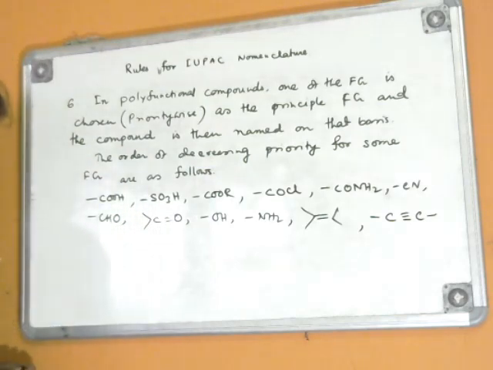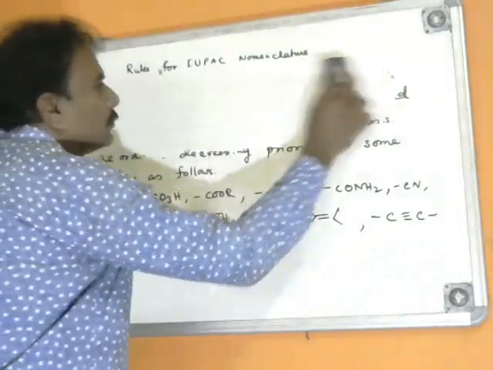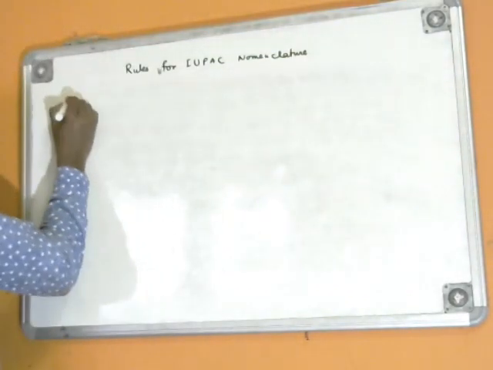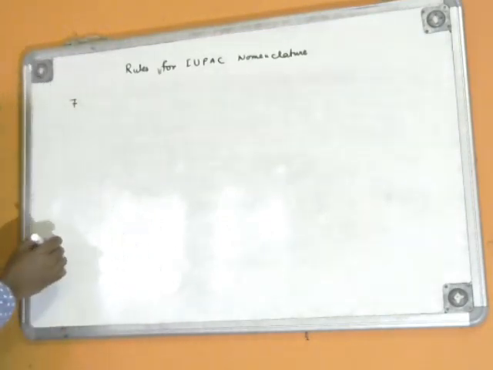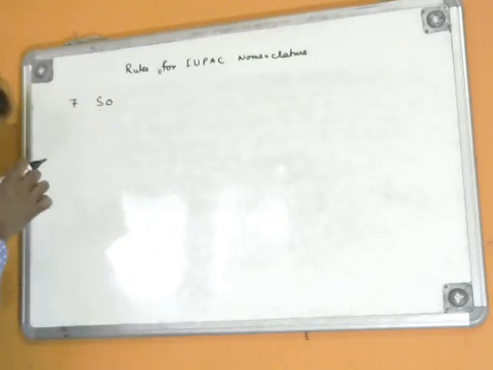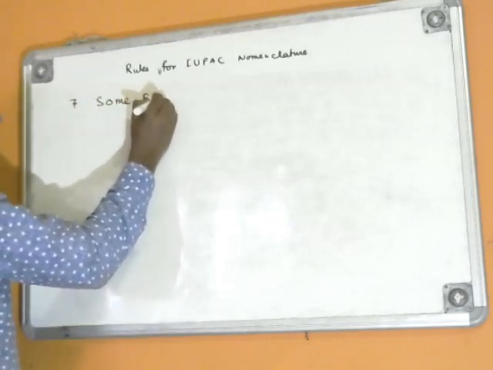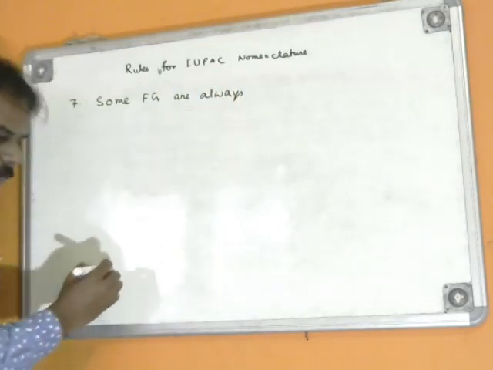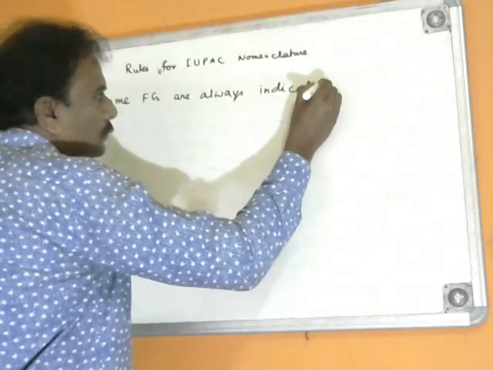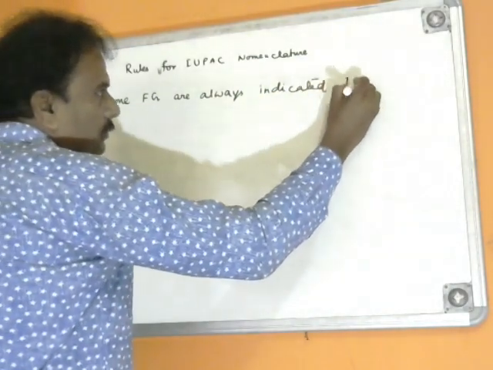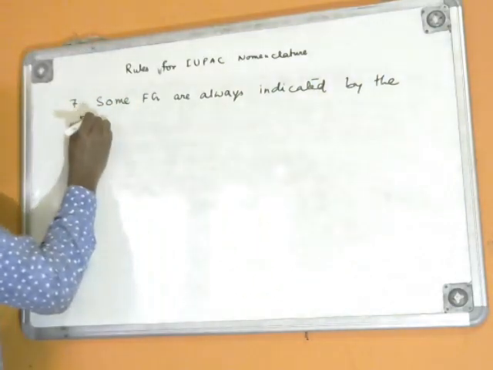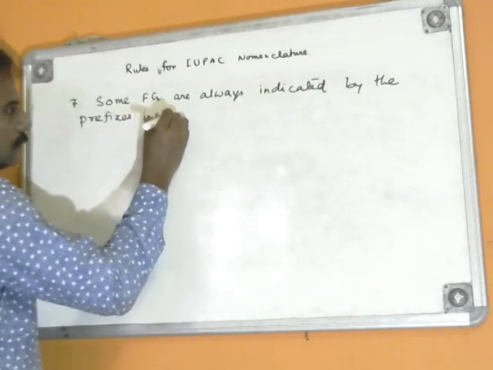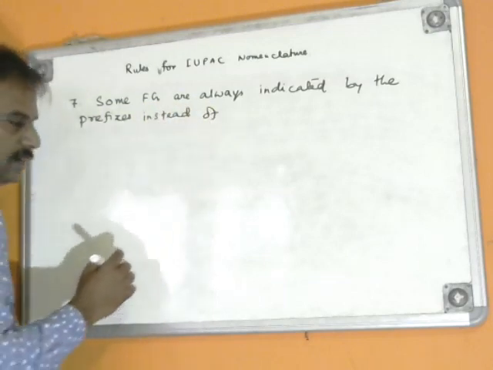Now, point 7. Some functional groups are always indicated by a prefix instead of a secondary suffix.